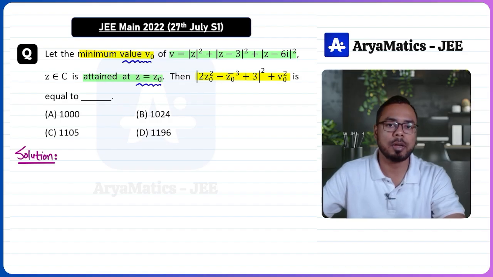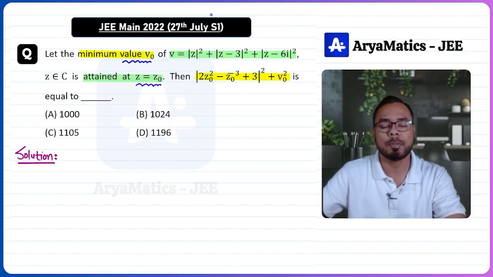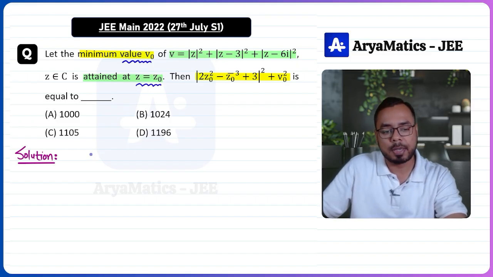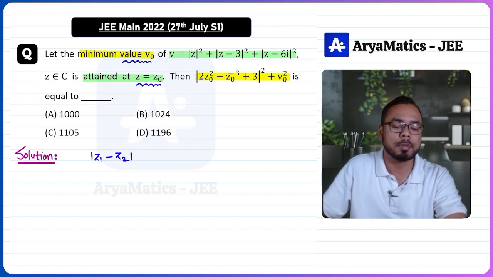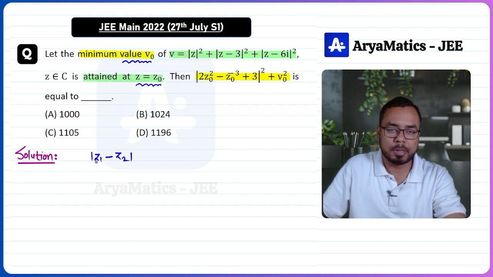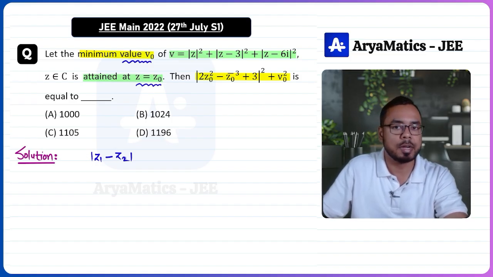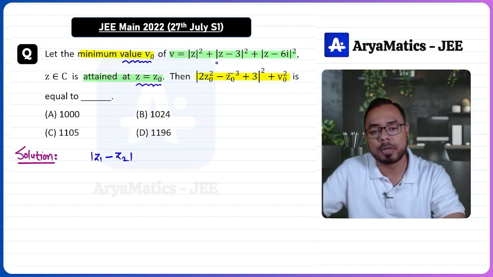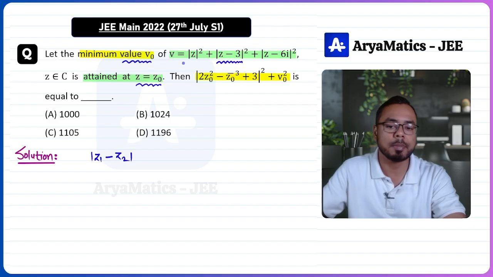Now this is a problem on the distance formula in the complex plane and one interesting property of a triangle. Here we see the expression mod z square plus mod z minus 3 square plus mod z minus 6 iota square. We know that mod z minus z1 is nothing but the distance between the points representing the complex numbers z and z1. So mod z minus 3 will be the distance between the point 3, 0 and the complex number z.